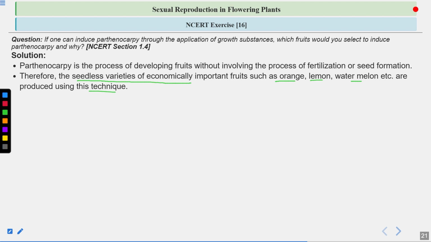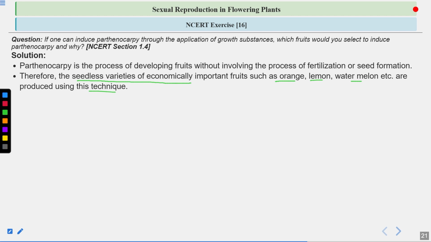You can take two haploid cells and fuse them. And what happens then? The two nuclei fuse together and form diploid cells. And later on, with the help of tissue culture, you can form the whole plantlet.